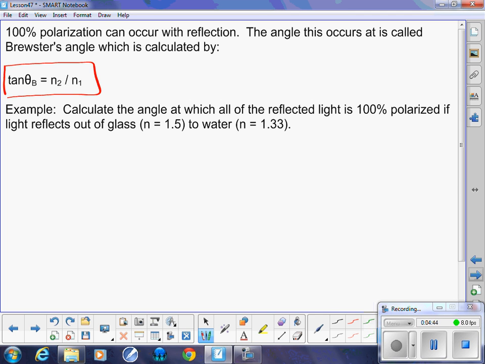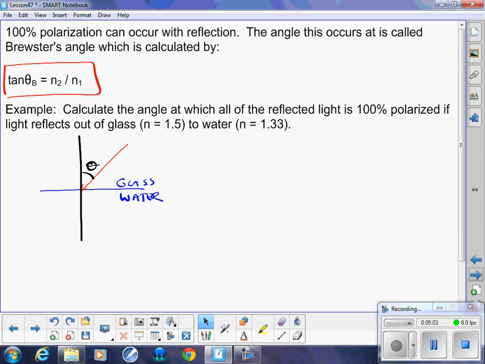So what happens is we have glass, we have water, and we have our unpolarized light coming down to the surface, and similar to refraction, we are looking for that angle right there.